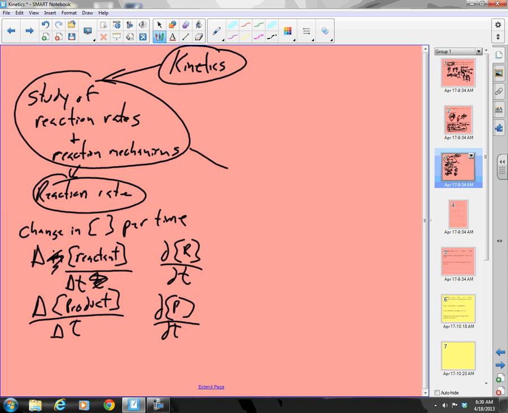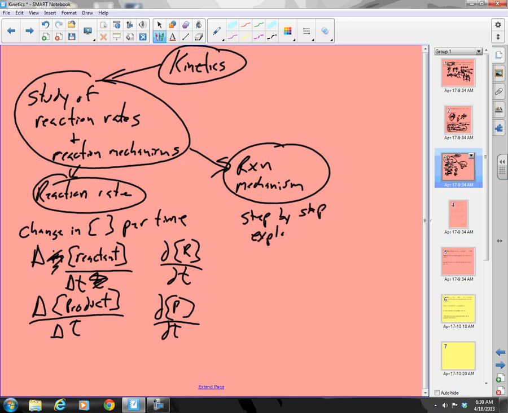And what is a reaction mechanism? Reaction mechanism, because this is also studied in kinetics. A reaction mechanism is really a step-by-step explanation of how a reaction occurs.